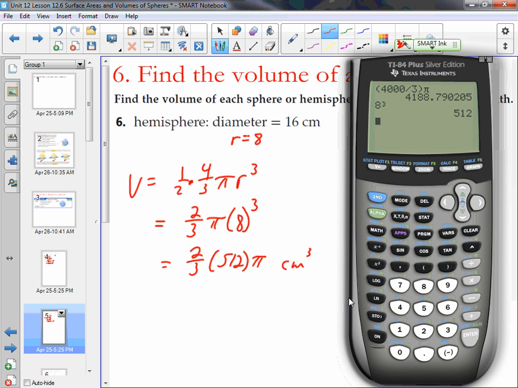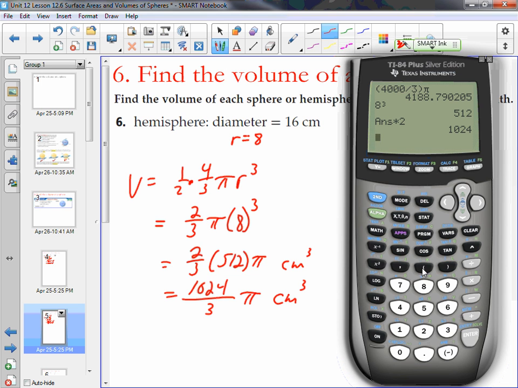But when I multiply 512 times 2/3, 512 times 2, so I get 1,024 thirds pi cubic centimeters. That's the simplified version of our exact answer.